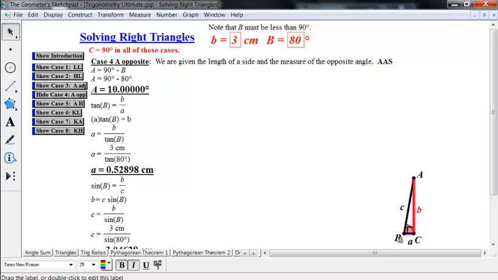Opposite and adjacent should tell you tangent. Tangent of angle B is B over A. But we're looking for A, so we multiply both sides by A, and then divide by tangent of B. A equals B divided by tangent of B, so that's 3 over tangent of 80.